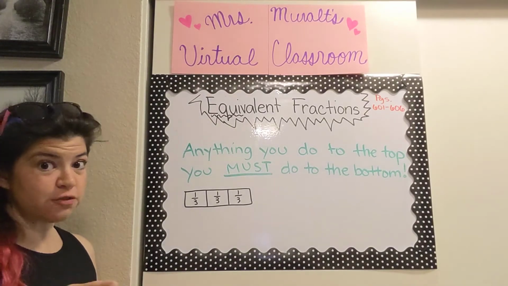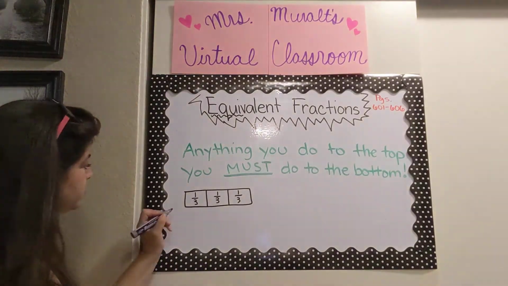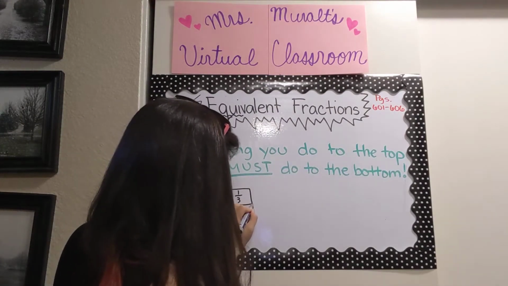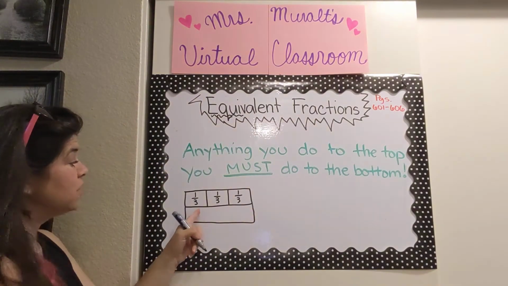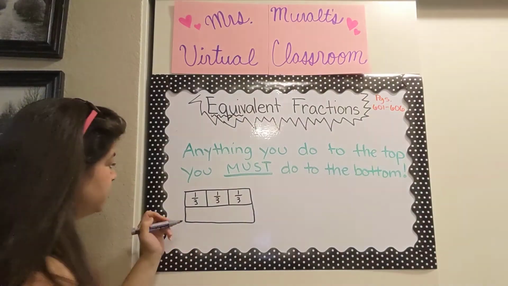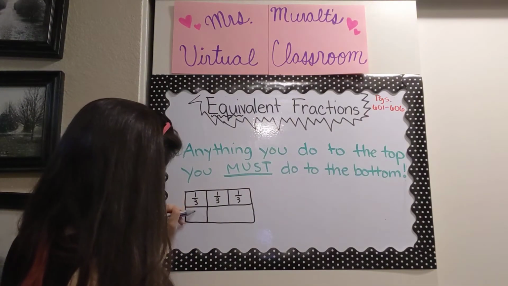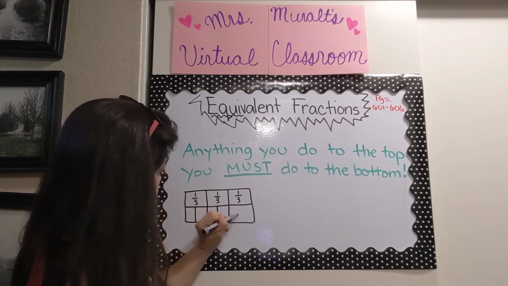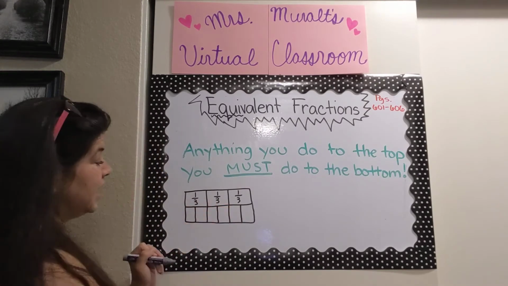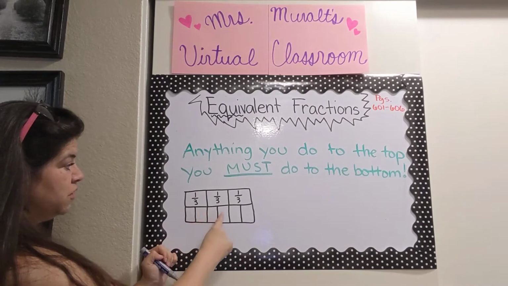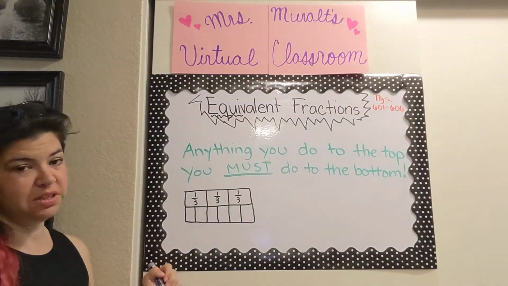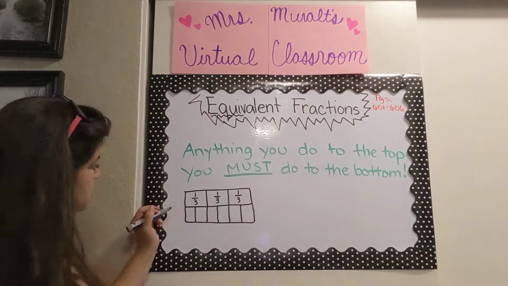So I'm going to draw another fraction tile right underneath. And I'm going to split each one of those pieces into 2. And now I have 1, 2, 3, 4, 5, 6 pieces total, which means each one of those unit pieces are 1/6.